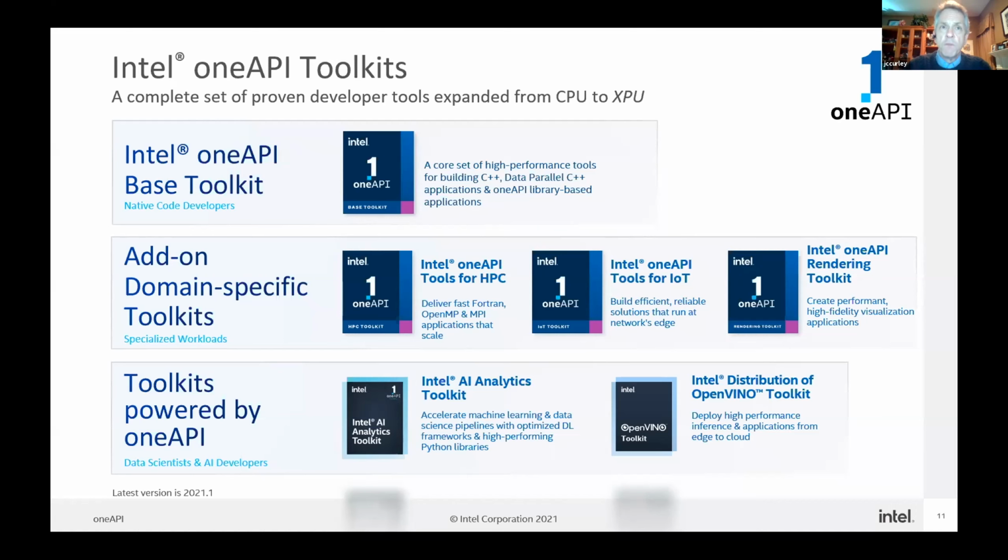For high performance computing, we have specialized toolkits that you can add on to the oneAPI specification. For example, the Intel MPI and Fortran compilers, both our classic Fortran compiler as well as a new LLVM-based Fortran compiler with offload for GPU, are all bundled together with other specialized tools and analyzers into the HPC toolkit, again available today through software.intel.com.